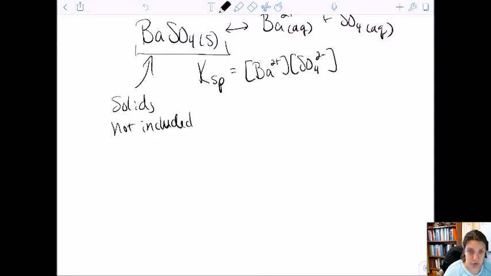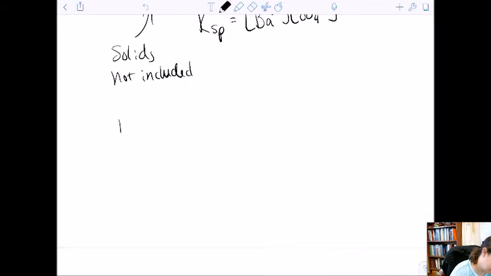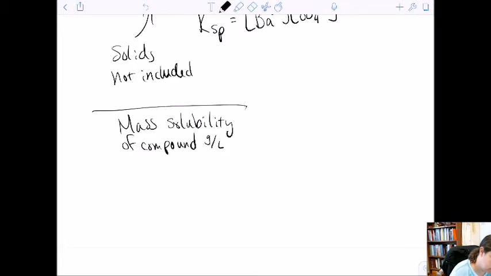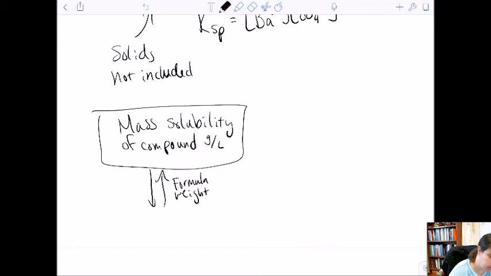So we'll be able to go through there, but just to give you a diagram of what we'll be looking at. If we have mass solubility of a specific compound, it's going to be in grams per liter. We can use our formula weight to determine our molar solubility.